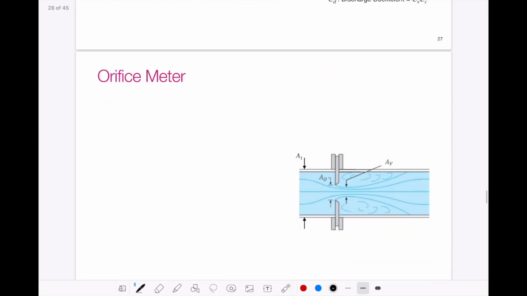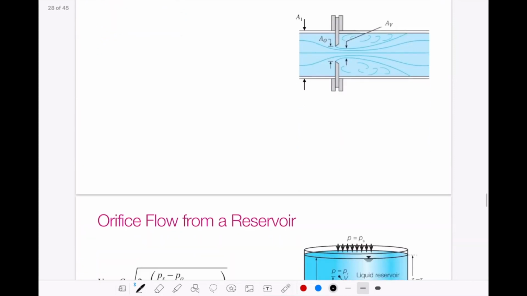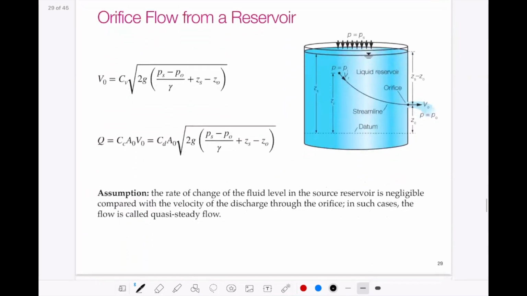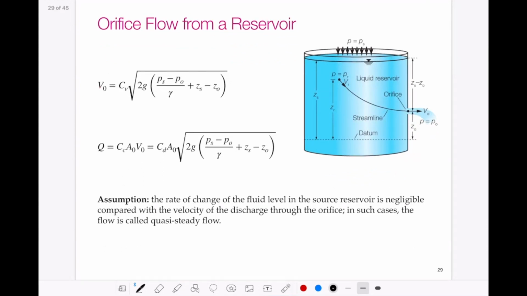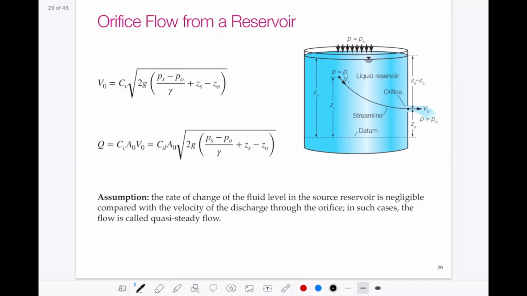So let's do an example. So actually, no, let's look at some special cases where we have an orifice leaving, say, a tank. So maybe it's not a pipe.